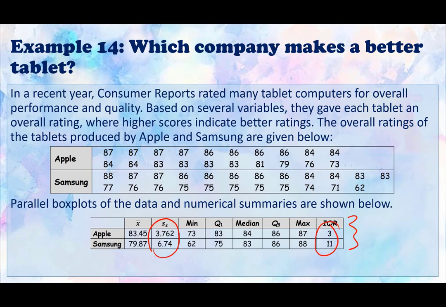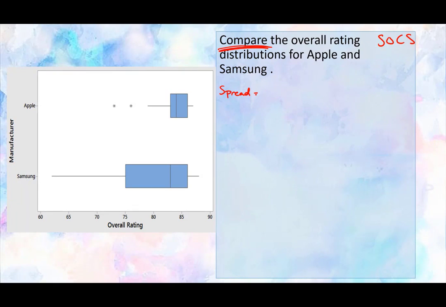And for the Samsung, the IQR is 11, and for the Apple, it's 3. So for the spread, what that means is that there's more variation in the Samsung tablets. So you can say there is more variation in the Samsung tablets.